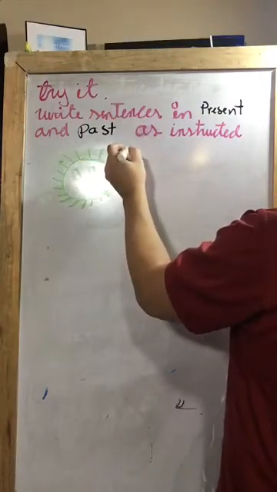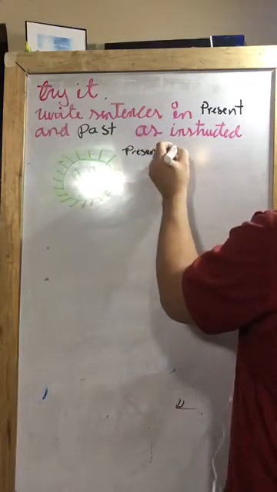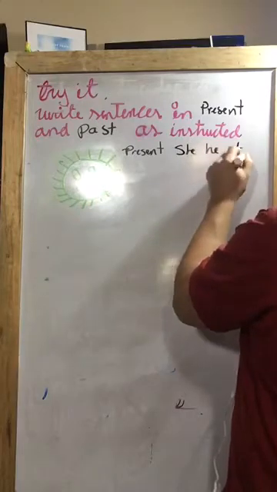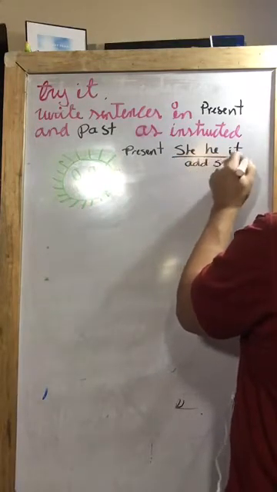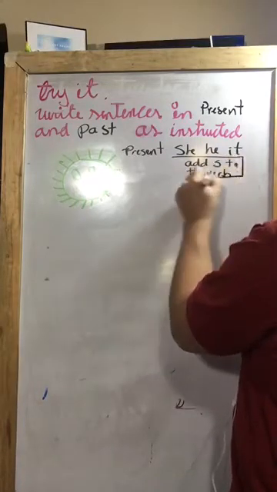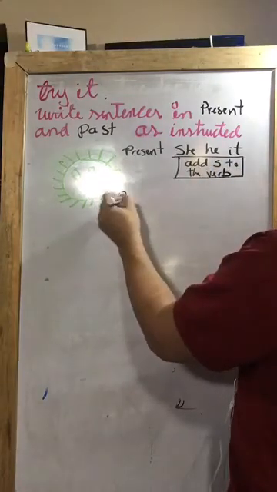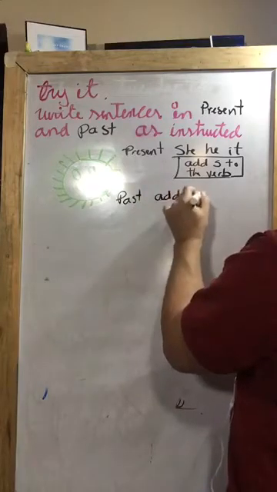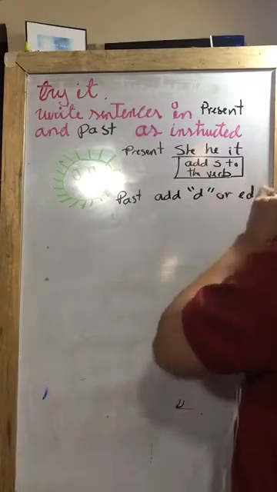Now remember the rule. For present, she, he, and it add S to the verb. And for past, add D or ED, okay?